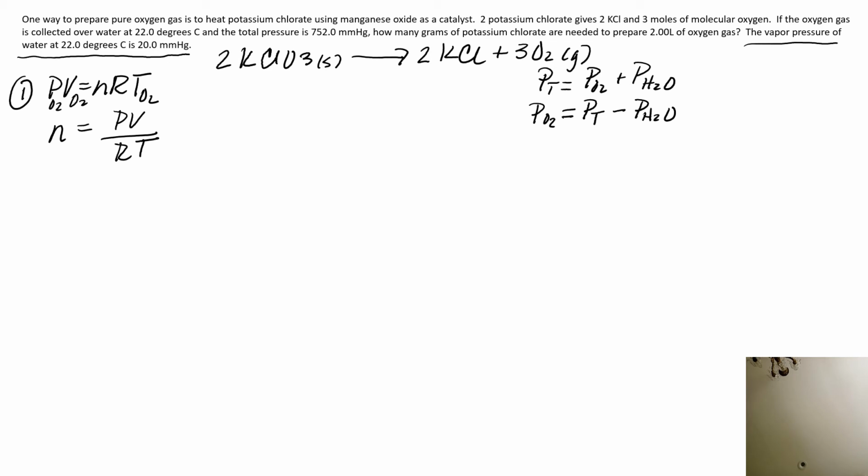Ultimately, we need those in atmospheres, but I'm going to start with millimeters of mercury, and total pressure is 752.0, and from that we subtract the vapor pressure of water, 20.0, and these are millimeters of mercury. And then we'll convert those to atmospheres.